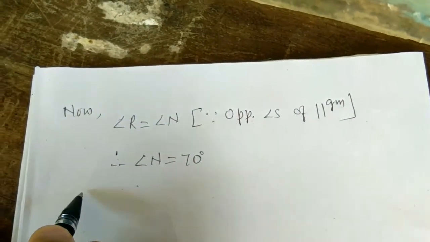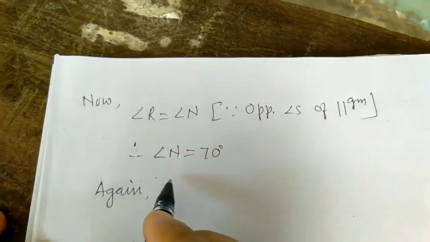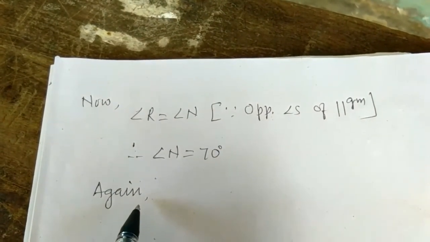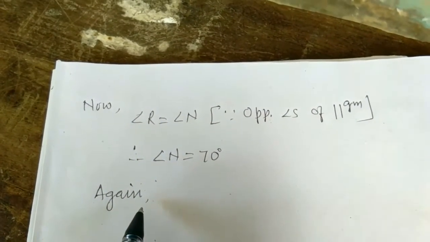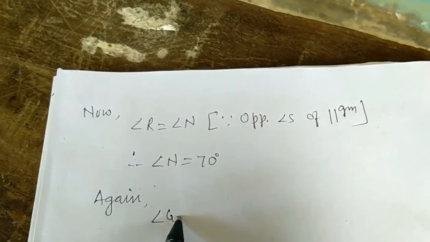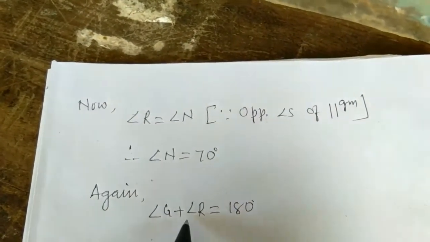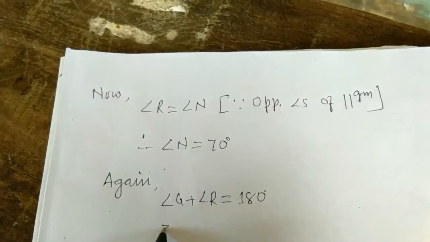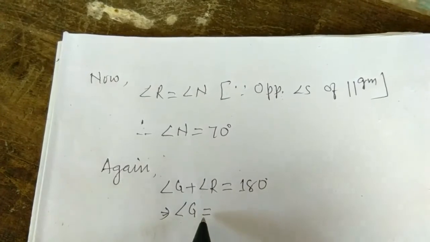And again, we know that the sum of the adjacent angles of a parallelogram is always supplementary, or angles on the same side of the transversal are always supplementary. That means 180 degree. So angle G plus angle R is equal to 180 degree. The value of G we don't know.